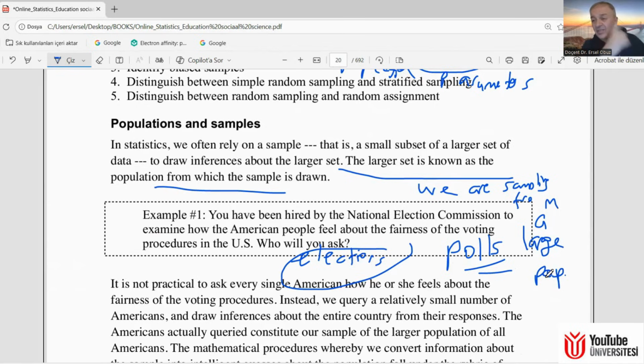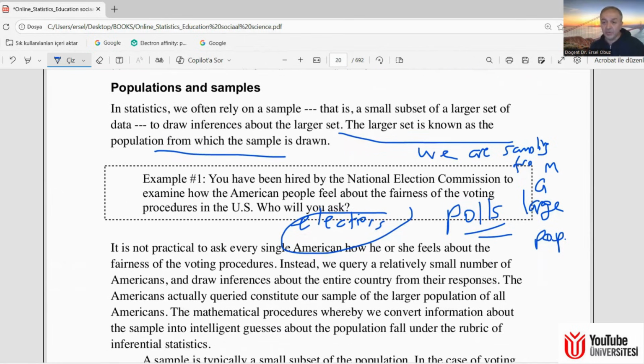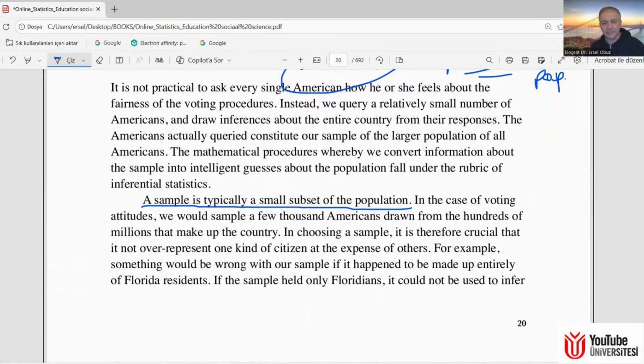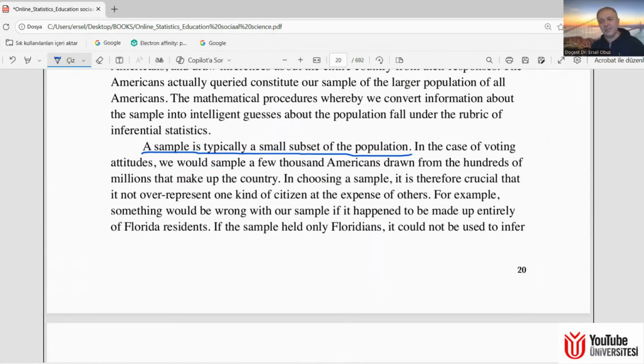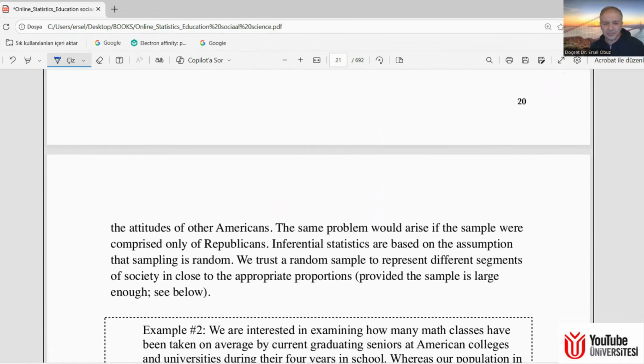We cannot reach every voter before the election. So we sample a certain number of people, and based on their preferences, we try to predict a percentage of the vote for a person or for a party. So we use this idea heavily before elections. It means a sample is a smaller subset of the population.